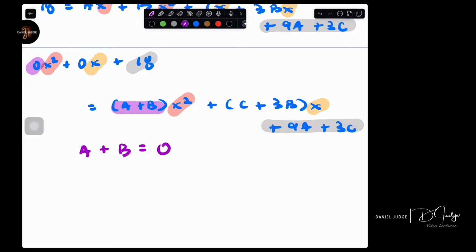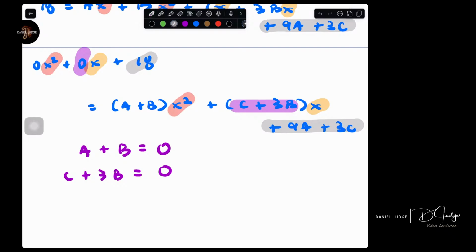That means a plus b is 0. The same thing is happening over here. There's no x term on the left. There was just a constant. So what this implies is the equation c plus 3b is also 0.